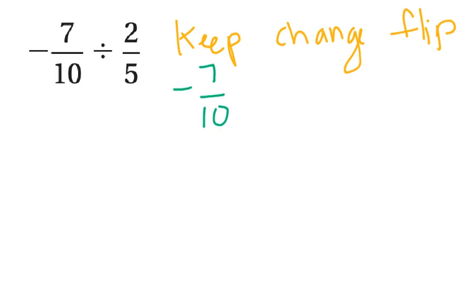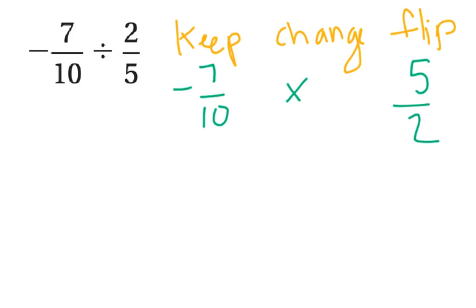You change the division to multiplication. And you flip the second fraction, and that's called using the reciprocal. Reciprocal means flipped or opposite.